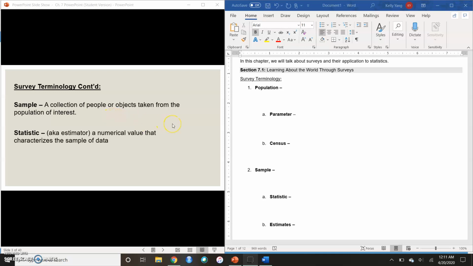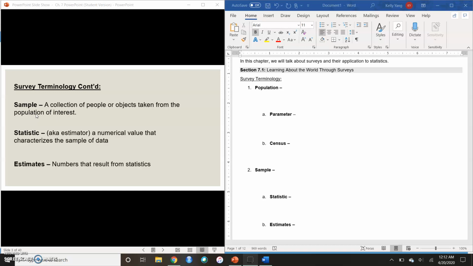Now the next term, a statistic. So we have a parameter. A parameter relates to a population because it describes a numerical value about the population. Now the statistic, also known as an estimator, is a numerical value that characterizes the sample. And so the statistic is specifically for the sample. The parameter is specifically for the population.